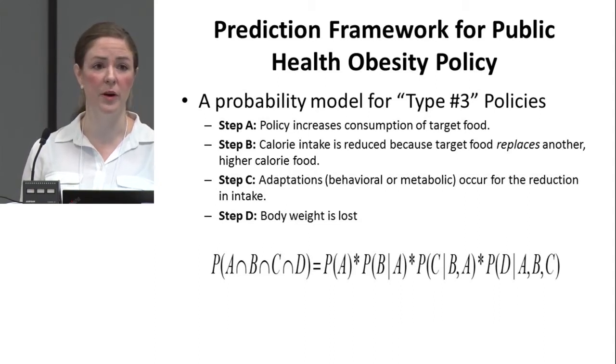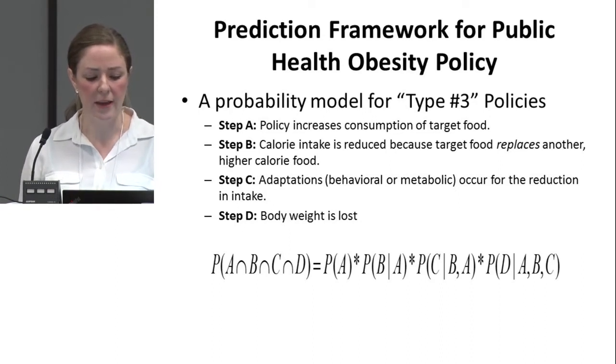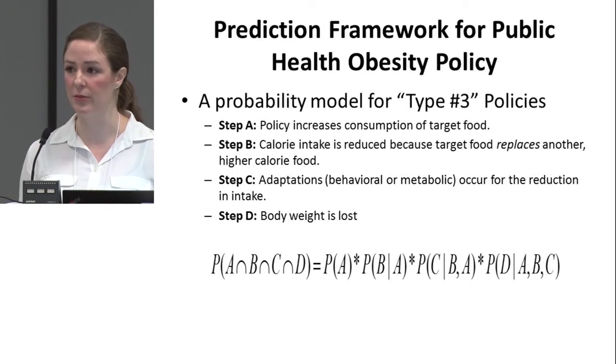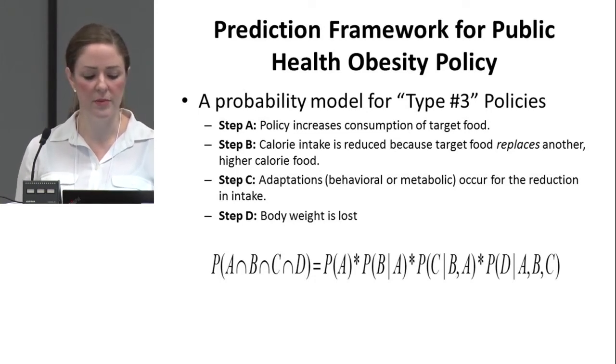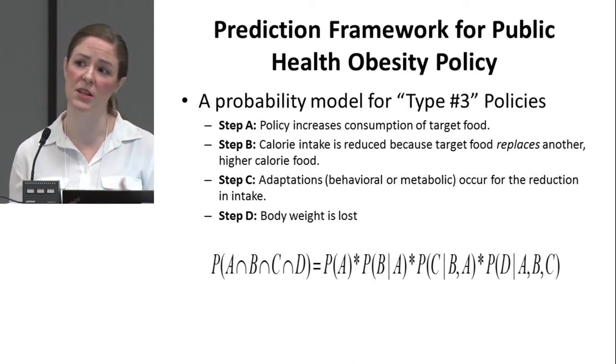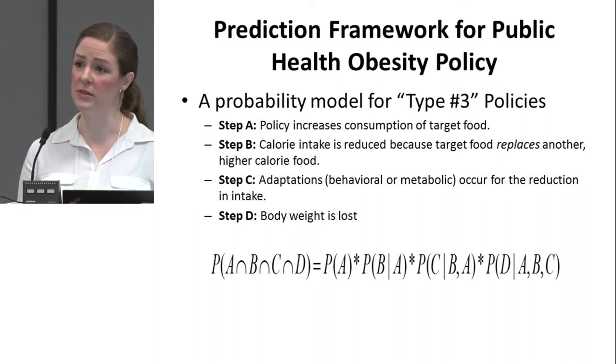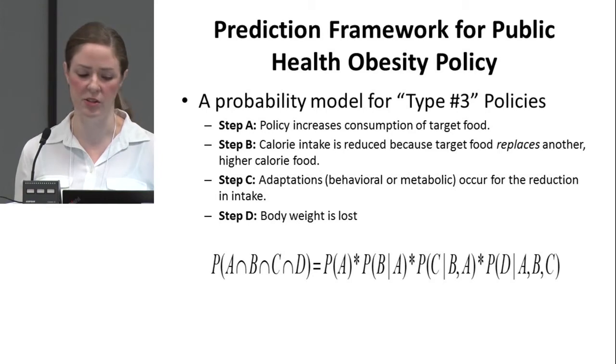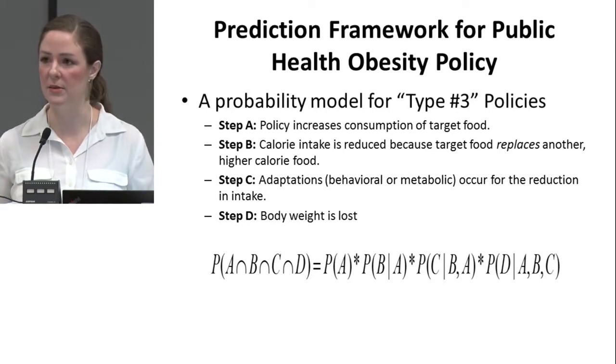For example, with farmers markets, people actually buy and then consume those foods. Next, calorie intake is reduced because the target food replaces another higher calorie food. And then again, we would have to account for those behavioral or metabolic adaptations that might occur in response to that perturbation in energy balance. And finally, we would see that body weight is lost.